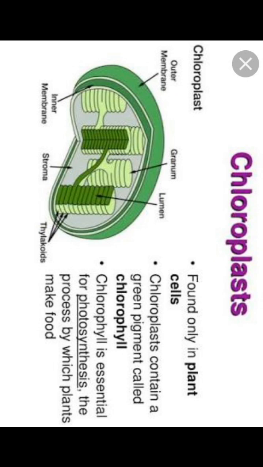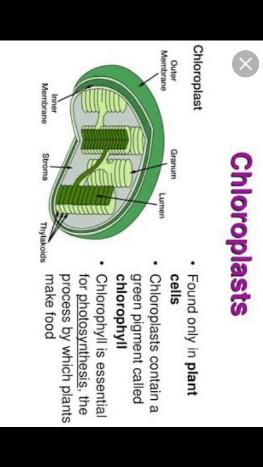Understood? Next, green alga generally has 20 to 40 chloroplasts per cell. Each mesophyll cell has 20 to 40 chloroplasts. As we discussed, chloroplasts are present majorly in mesophyll cells.